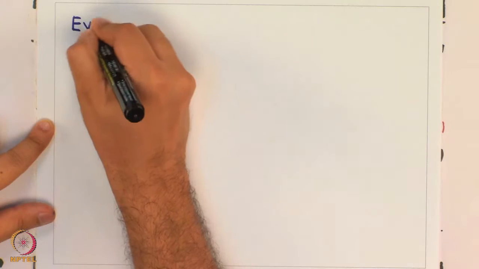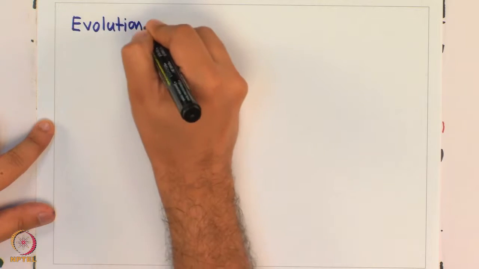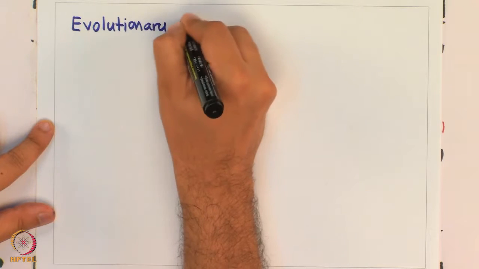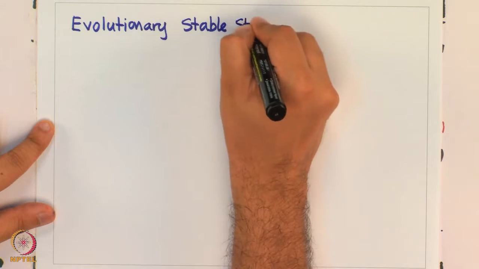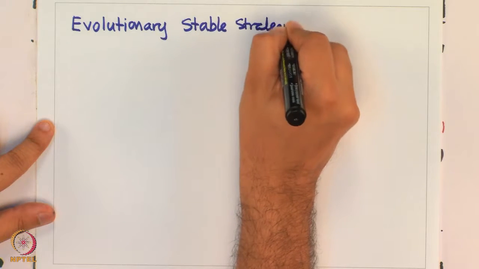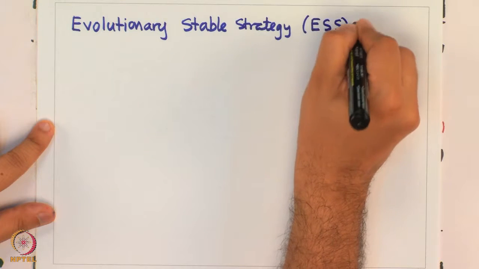Another way to define stability is something called an evolutionarily stable strategy, referred to as an ESS.